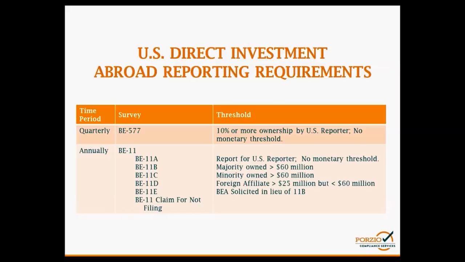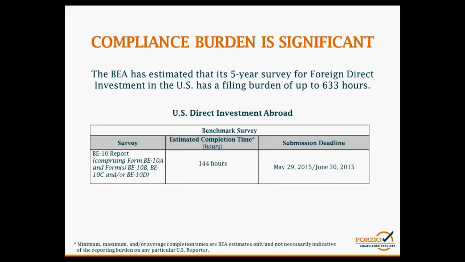Our expectation would be that the BEA is going to take the approach of identifying new companies that should be reporting via the new BE 13 form that we'll touch on in a moment, and eventually then we'll be requiring more companies to file the BE 577 and the BE 11, the quarterly and annual reports.